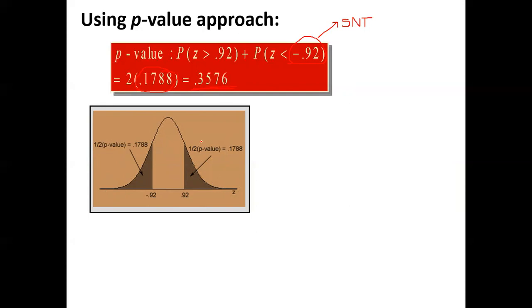When you draw the graph, this is negative 0.92 and 0.92.